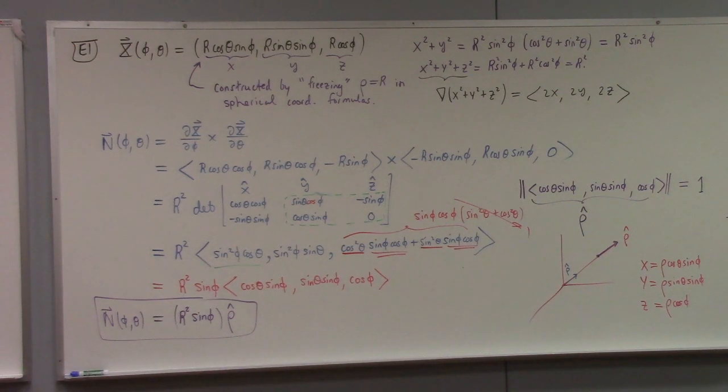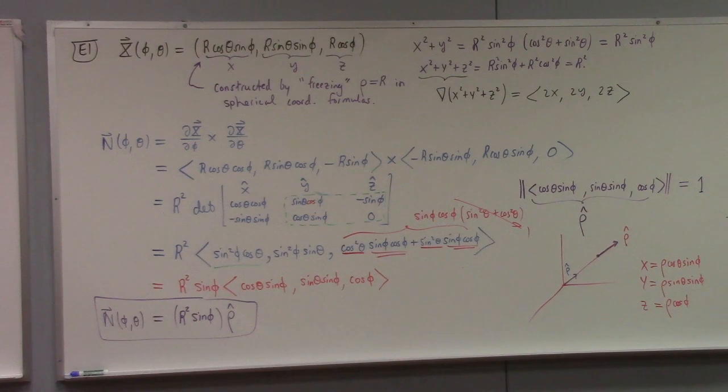It's x over rho, y over rho, z over rho, divided by the length of that.